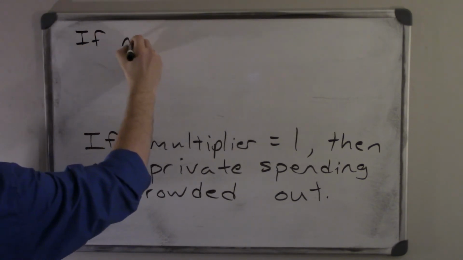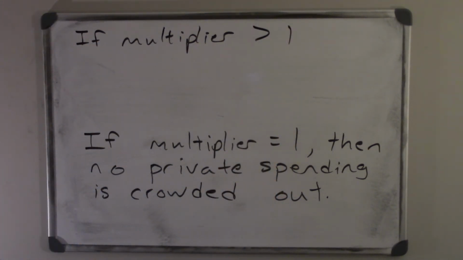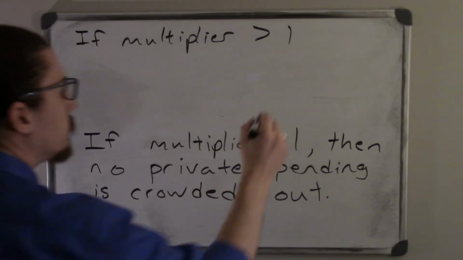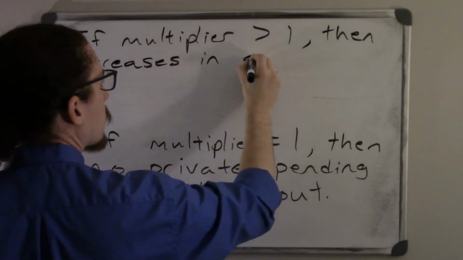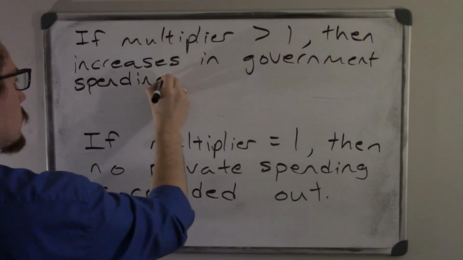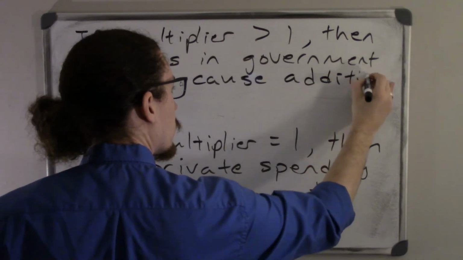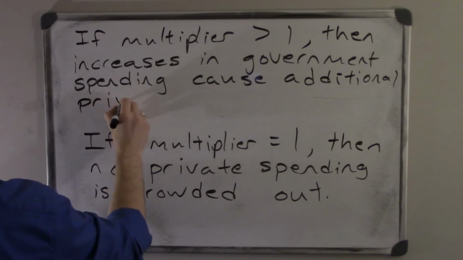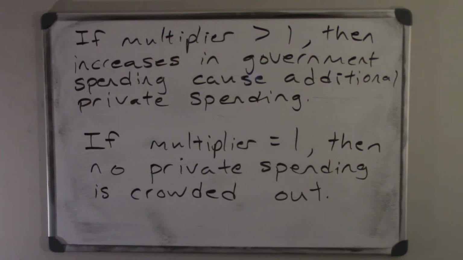Then lastly, if the multiplier is greater than 1, then increases in government spending cause additional private spending. This is where we would actually see that multiplier effect.